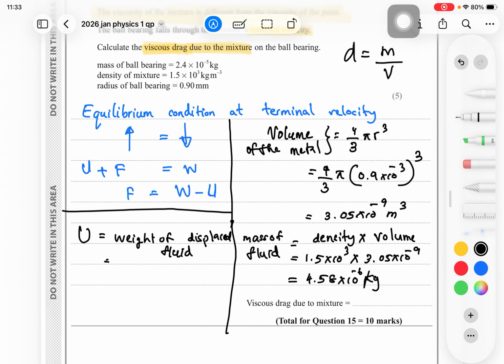Okay, so now we have the upthrust. Upthrust is none other than this mass times g, which is 4.58 into 10 to the power negative 6 times 9.81. So we would get 4.49 into 10 to the power negative 5 Newton. So this is our upthrust.